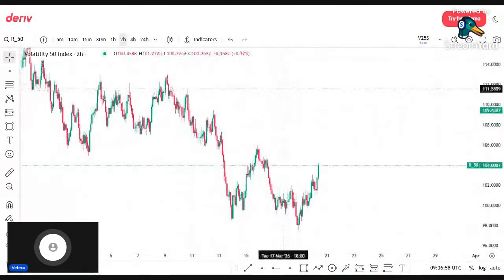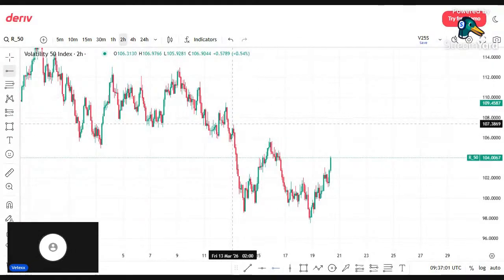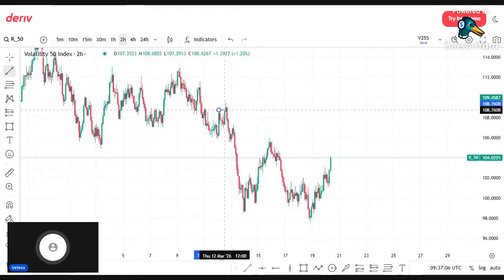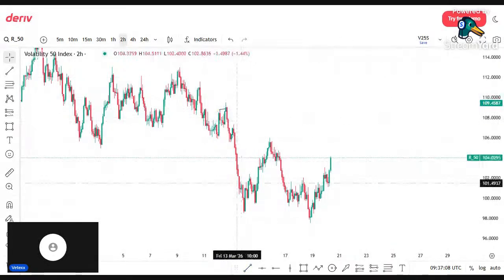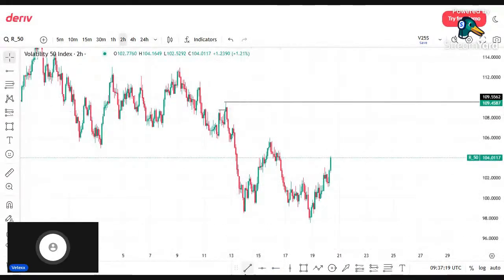So on the 2-hour time frame, there is a sweep of liquidity here on the 2-hour time frame, and then there is a protected high here. We have what?